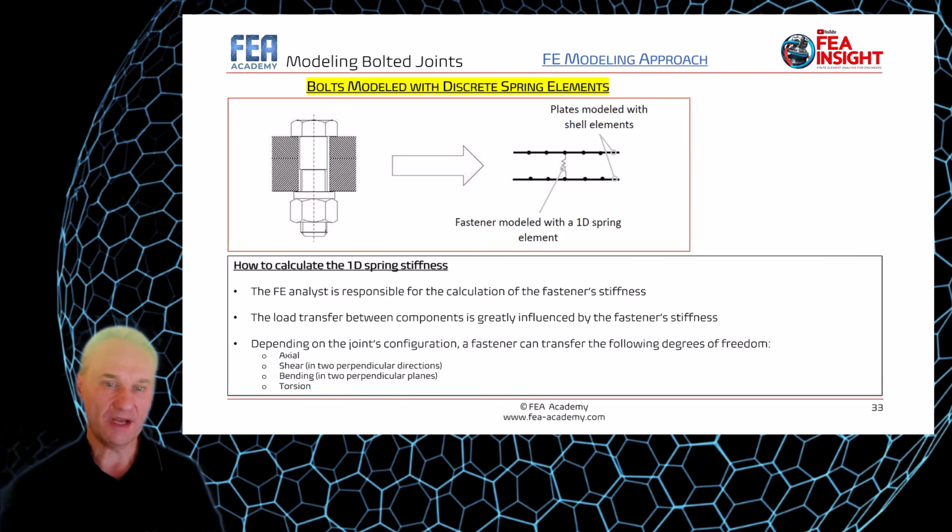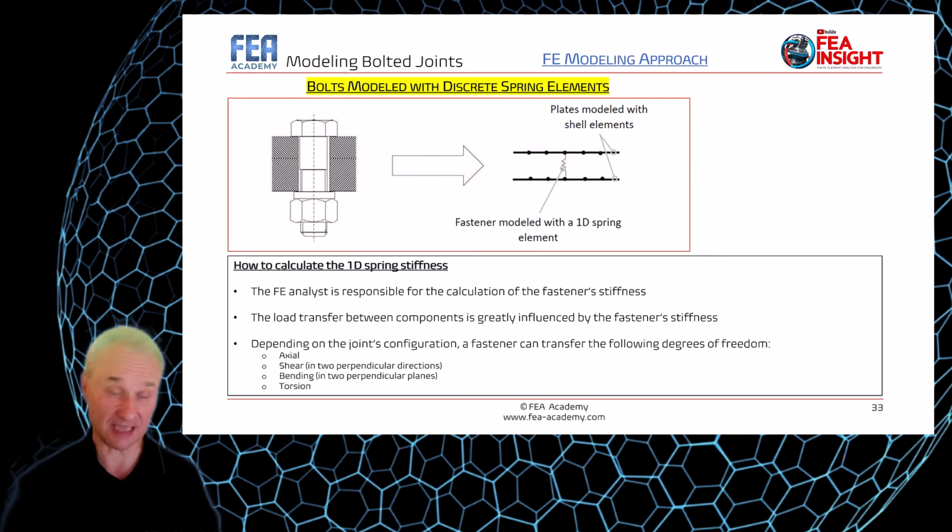So when a joint is modeled using this 1D discrete spring approach, you are responsible as the analyst for the calculation of the fastener stiffness. The discrete spring element has no geometrical or material property, so the FEA software cannot calculate the stiffness of the element based on its properties.